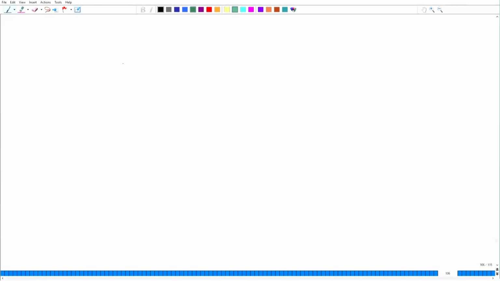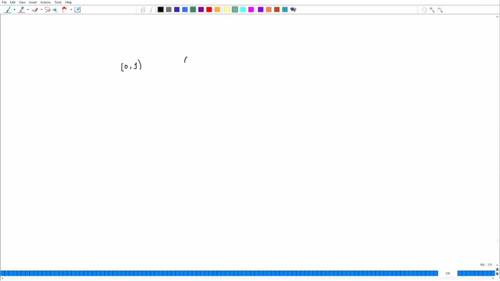So, for example, in the Fourier series for 2 pi periodic functions, if I identify 0 to 1 as a group, it is a sum modulo 1. So, now I can identify that with this.